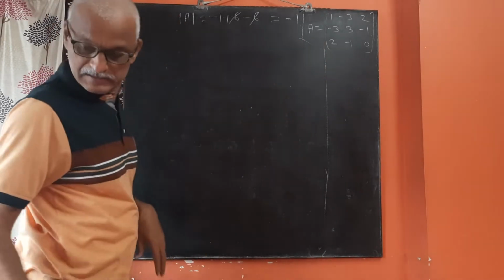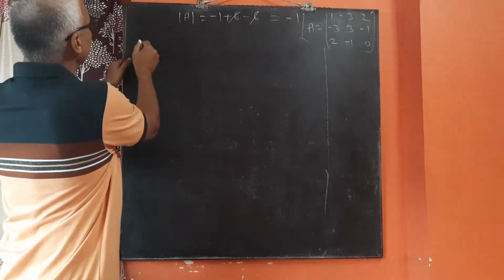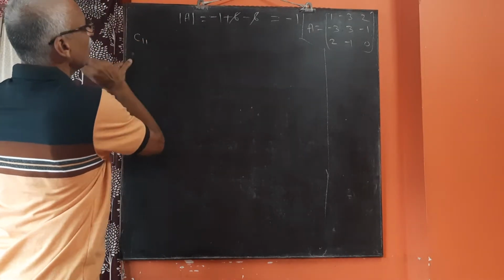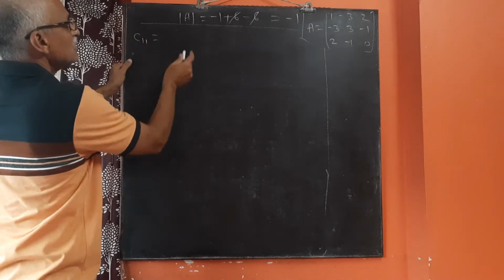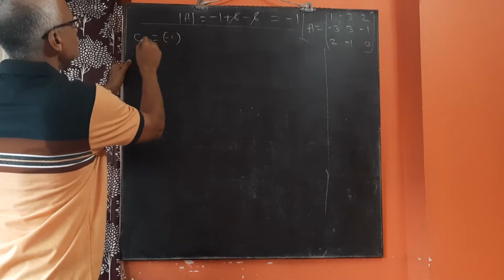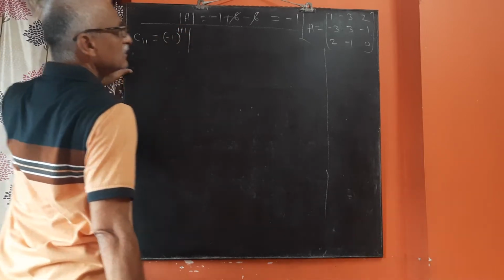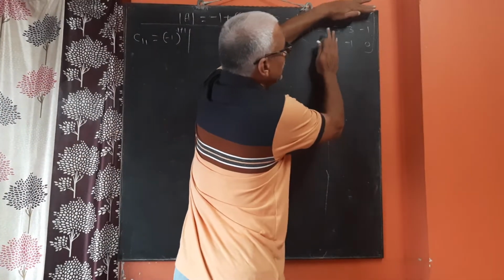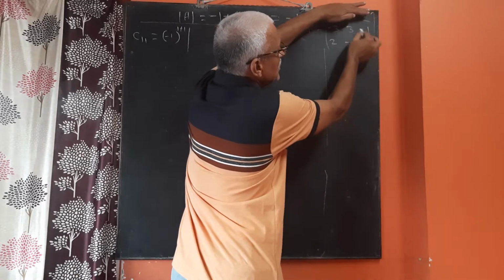Now first one, C11 is equal to minus 1 raised to 1 plus 1 into the determinant of the remaining elements after this row and this column are removed: 3, minus 1, minus 1, 0.